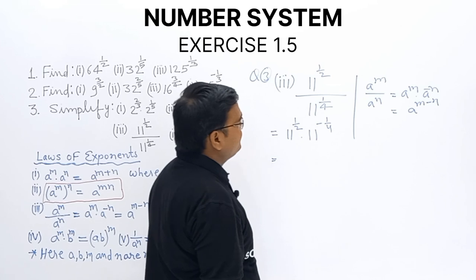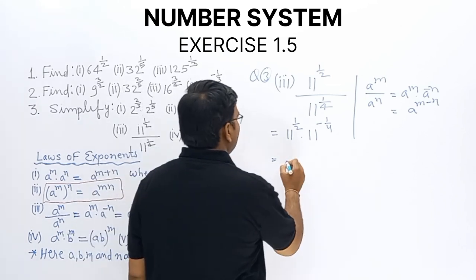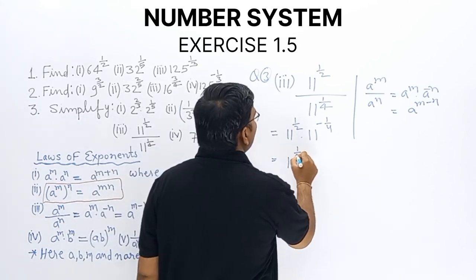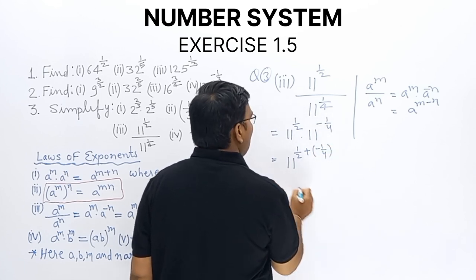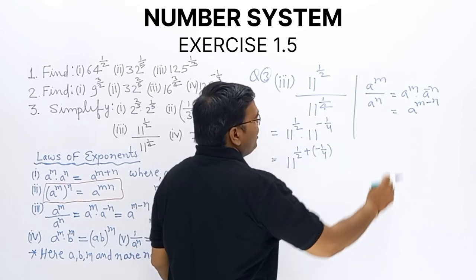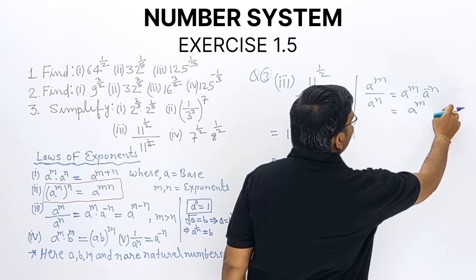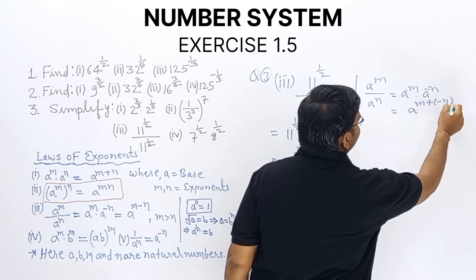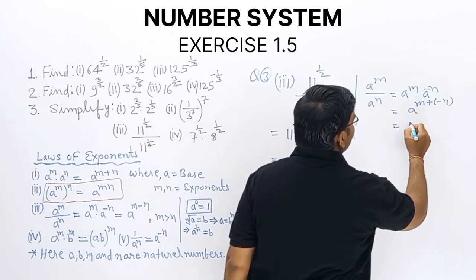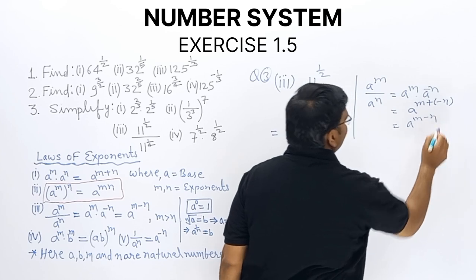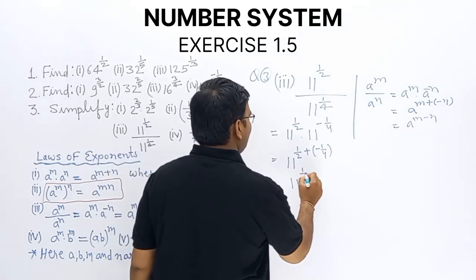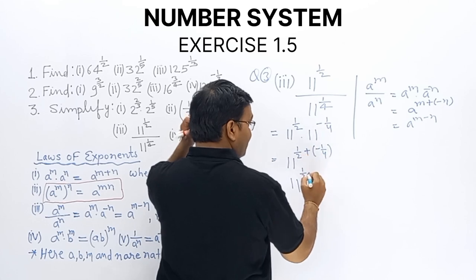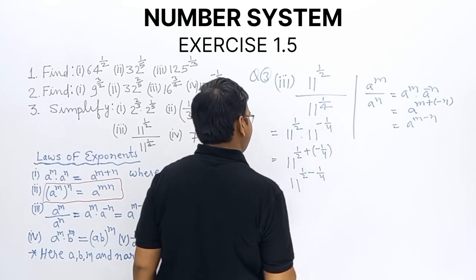How we will add power? Do 11 power 1 by 2 plus minus 1 by 4. Then how it is coming? We are adding, plus into minus, minus, a power m minus n. We are doing like this. So 11 power 1 by 2 plus into minus, minus 1 by 4.